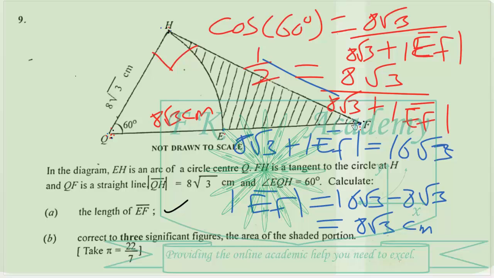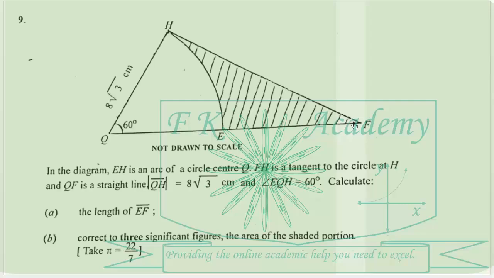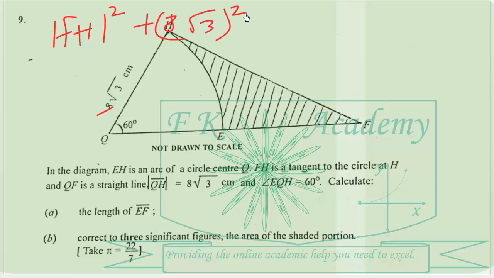So from Pythagoras theorem, FH squared plus 8 root 3 squared will be equal to 8 root 3 plus 8 root 3, which is 16 root 3 all squared.